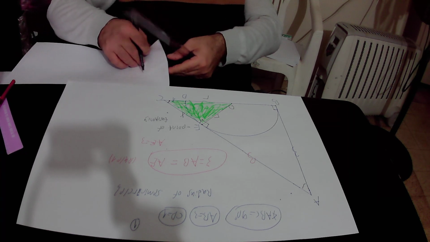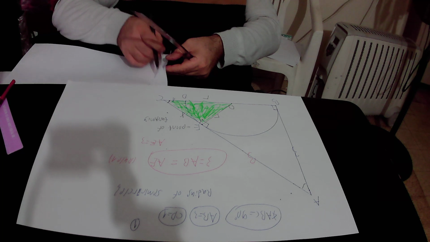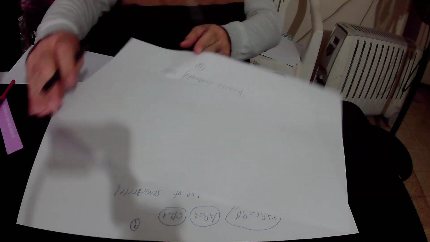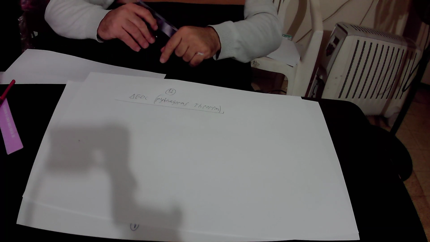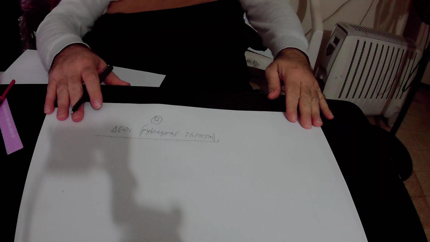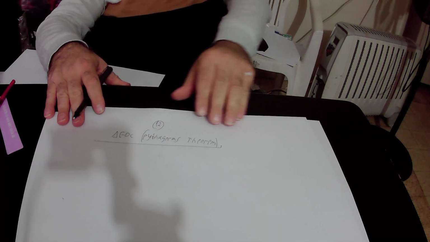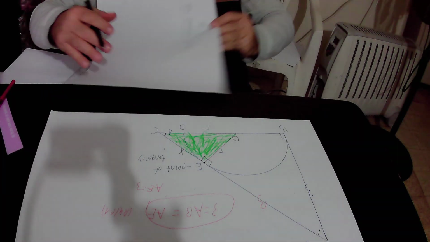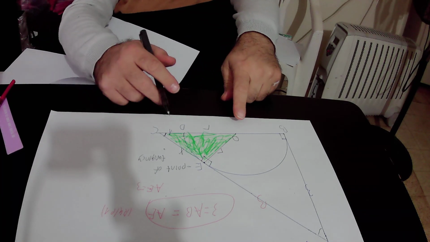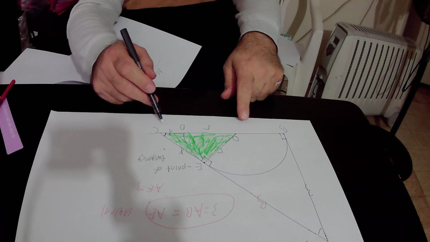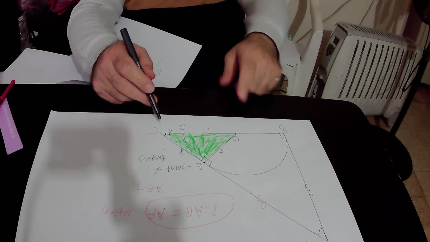So I will repeat again. In the right triangle, triangle EOC, according to the Pythagoras theorem, the square of the hypotenuse equals the sum of the squares of the perpendiculars. The hypotenuse in the right green triangle, triangle EOC, is OC, so the square of the hypotenuse is OC squared.